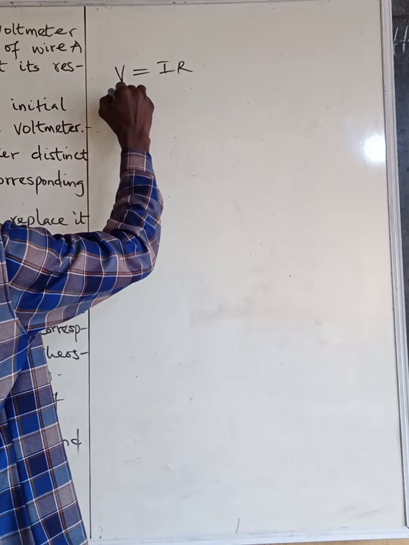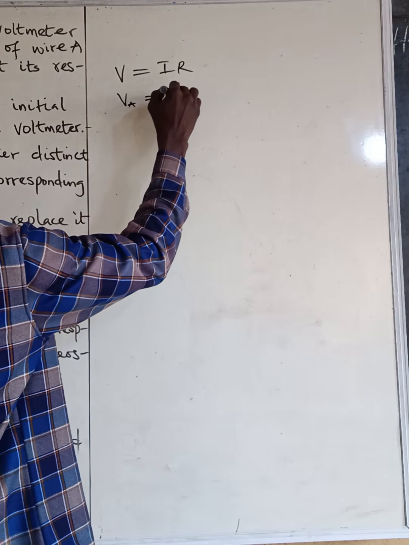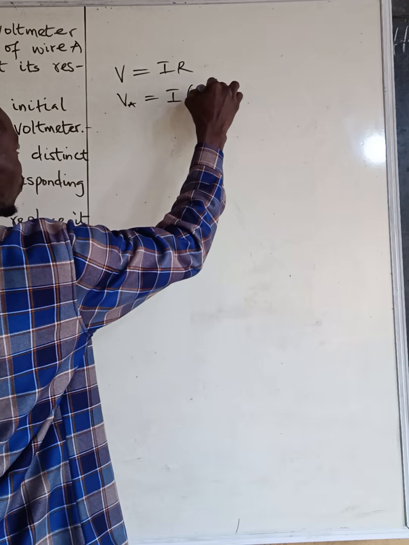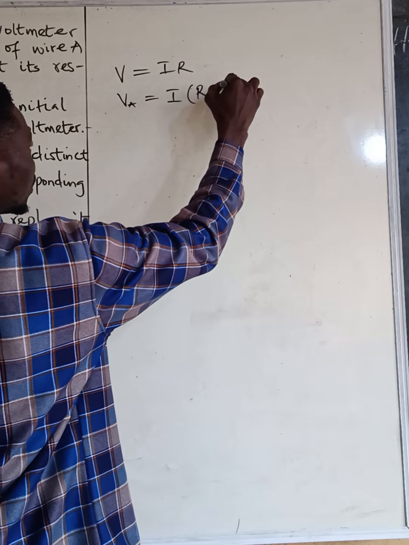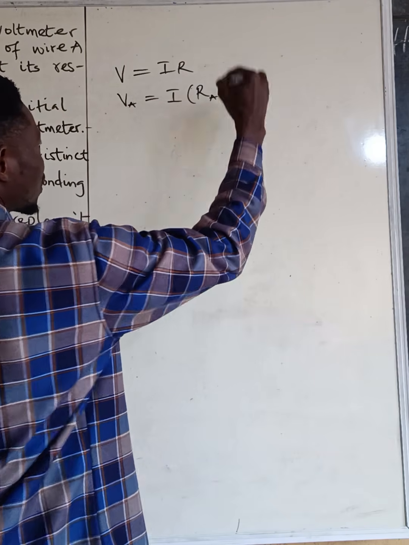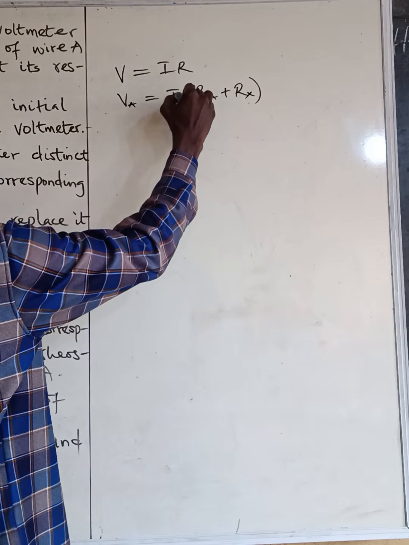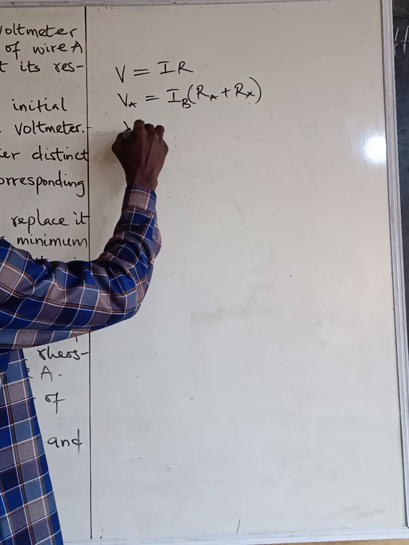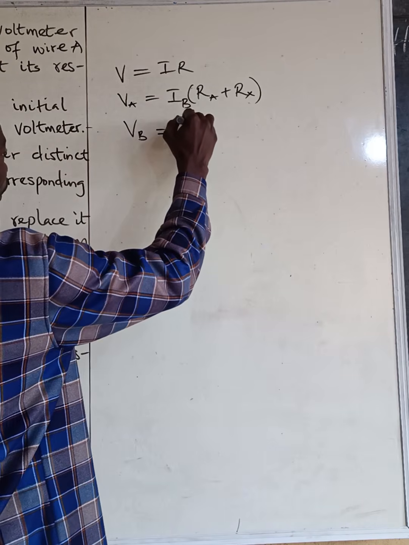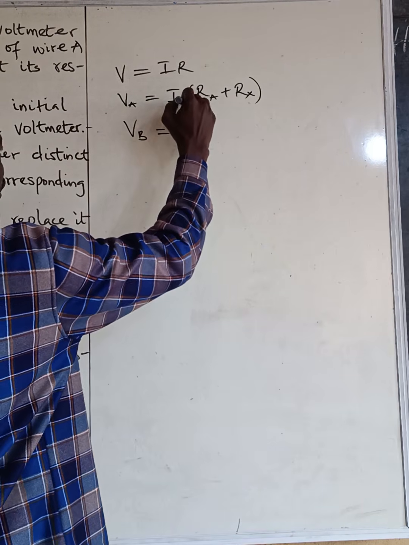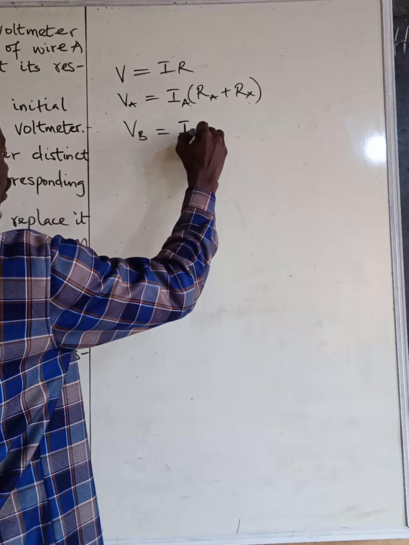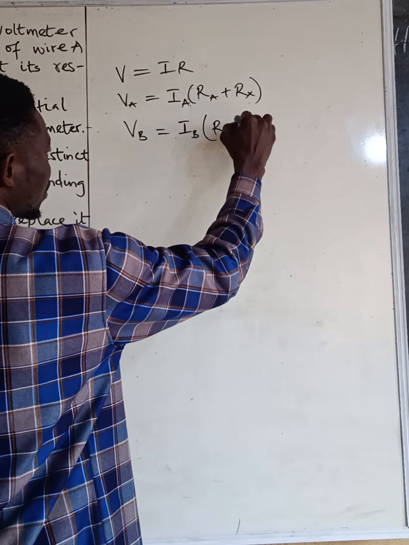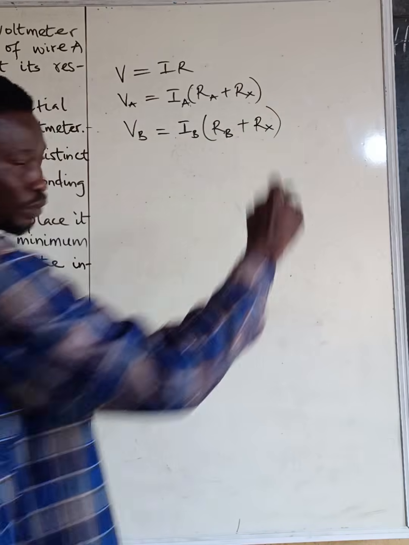So you should have that V of A is equal to I of A into R of A plus Rx, and this will be current IA. Then again, for the second one, V of B is equal to I of B into R of B plus Rx.